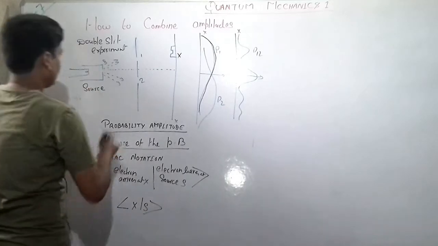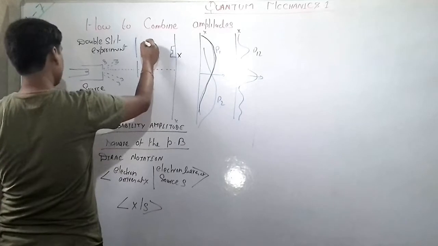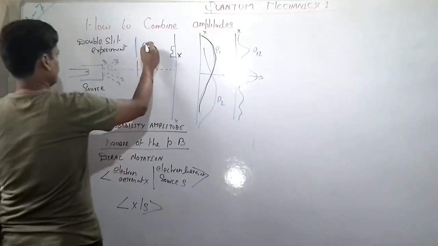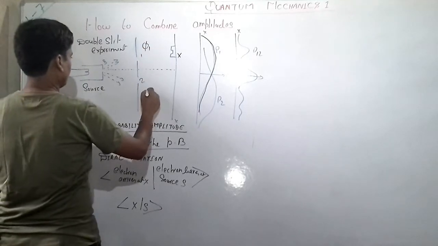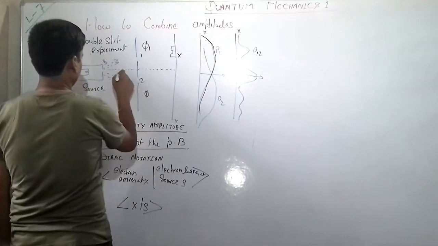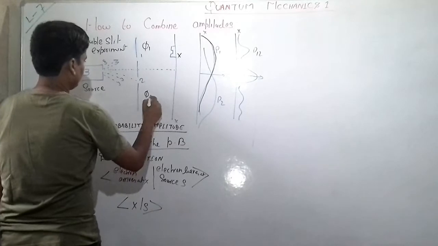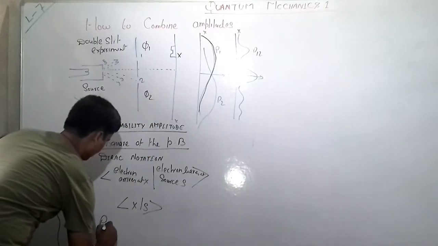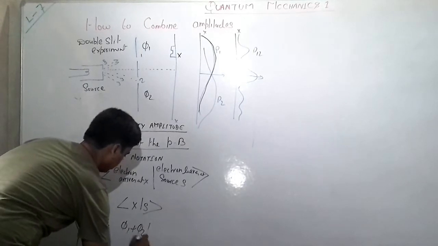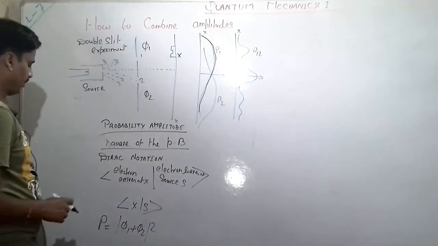And suppose both holes are open, and the amplitude for the electron traveling through hole 1 is phi 1, and the amplitude for the electron traveling through hole 2 is phi 2. Then we can write that the total is the square of phi 1 plus phi 2, the square of the sum of these two amplitudes.